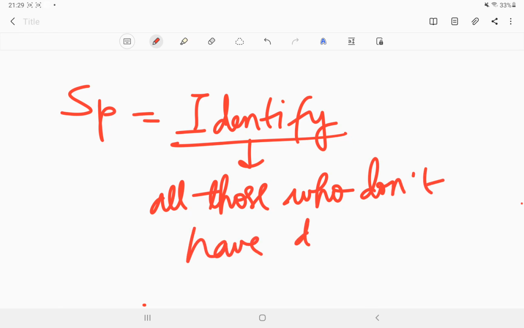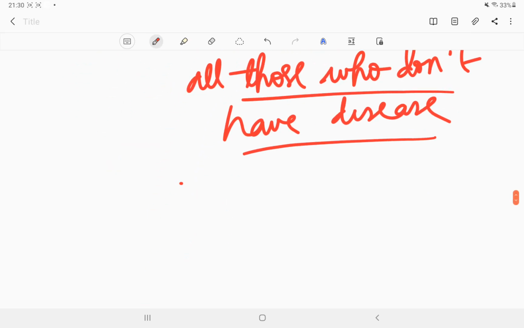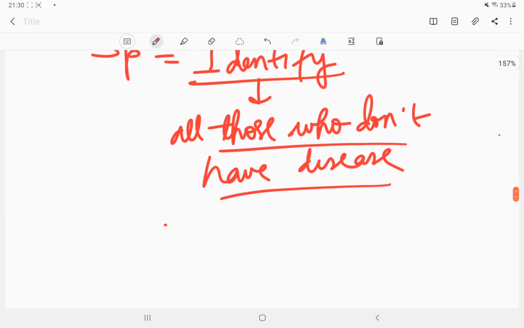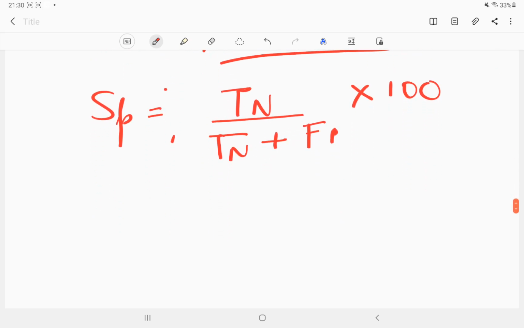Okay, so they are correctly identifying all those who don't have the disease. So the formula for specificity is it is actually true negatives upon true negatives plus false positives into 100. So this is the formula for specificity.